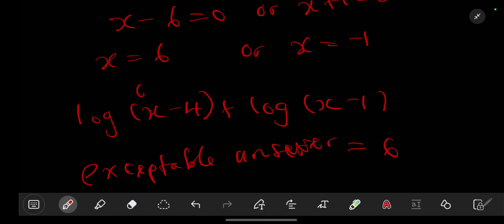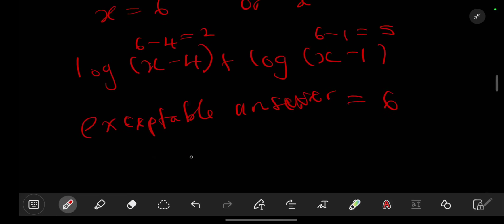Because if you put 6 here, it will be 6 minus 4, which will be equal to 2. If you put 6 here, it will be 6 minus 1, which will be equal to 5. You need to have a log of a positive number. As you know, the log of, let's say, 0 is undefined, or the log of a negative value such as negative 1 is undefined.